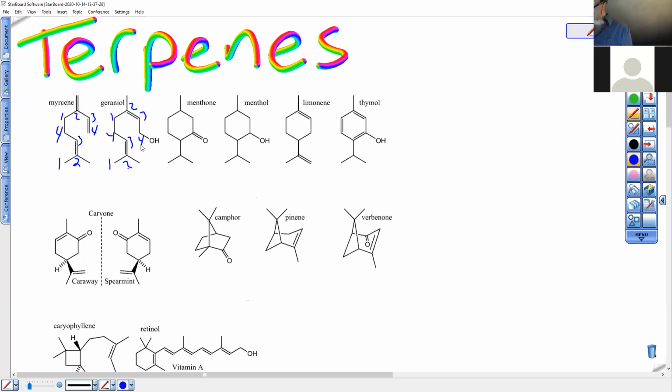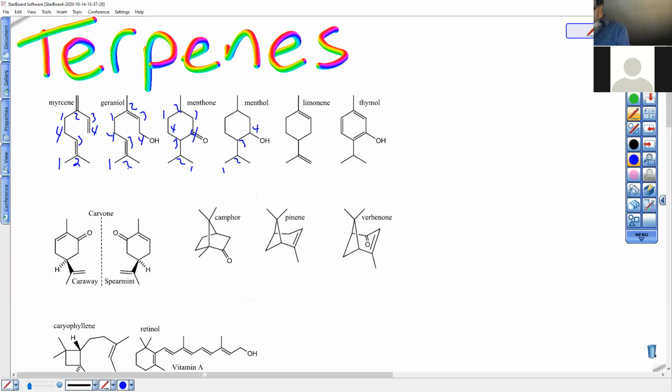Menthone, we can go 2 ways. I could have started my 1s over here as well. That doesn't matter. Then the other thing would be the branch. 1, 2, 3, 4. And then 1, 2, 3, 4. Menthol has the same skeleton, but I'll go the other way just to show you.